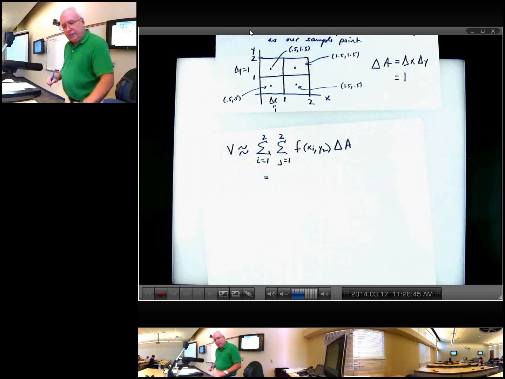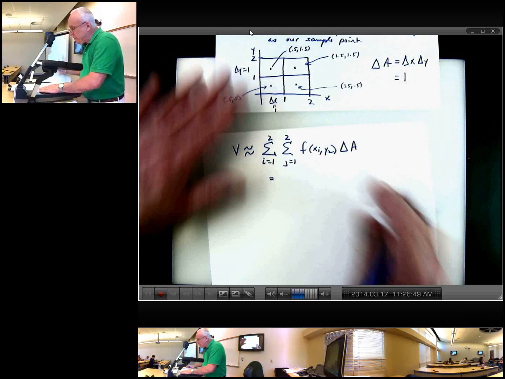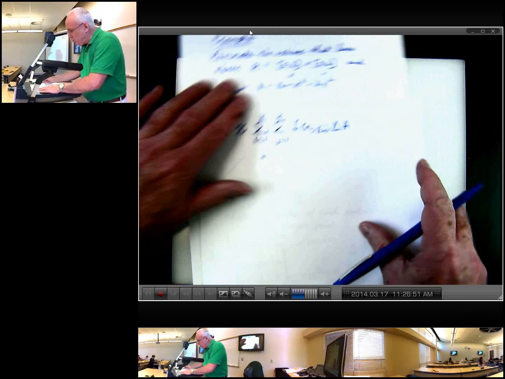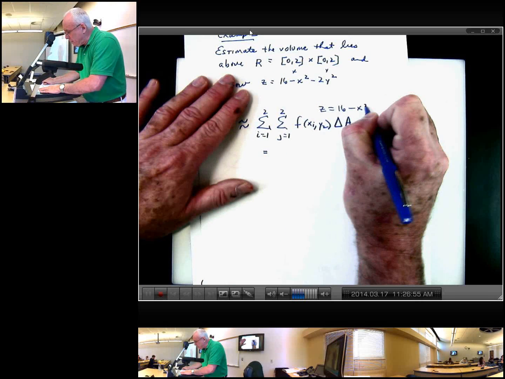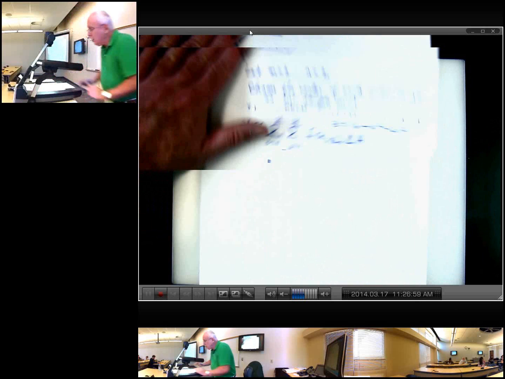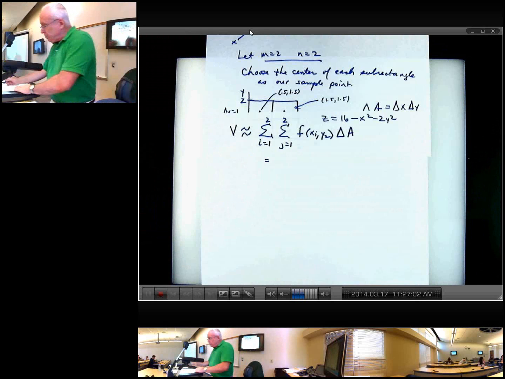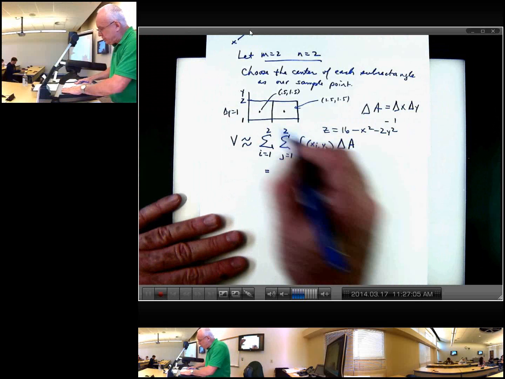So what this gives us then is, okay, let's see. Remember that our function here was z equals 16 minus x squared minus 2y squared. All right. So let's write it like this. I've got 4 points here.